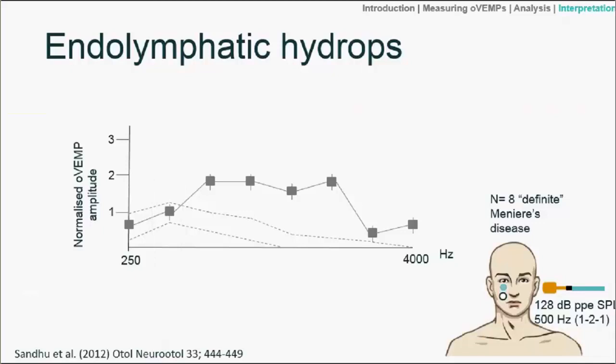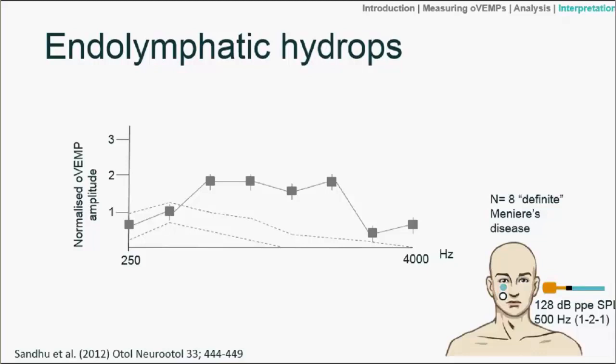So this is a good indication that if using 500 Hz as your standard stimulus in someone with suspected Meniere's, then whether or not that response is in the normal range in terms of its amplitude, it would still be advisable to go on and measure the VEMP tuning curve at those other frequencies, because based on these results, it's clear that it's in these higher frequencies where the abnormalities would be expected to be revealed.